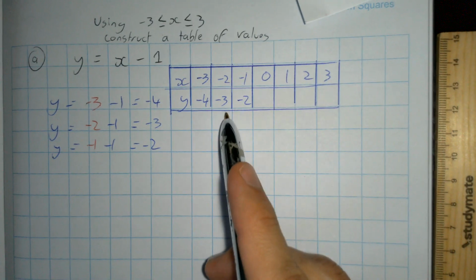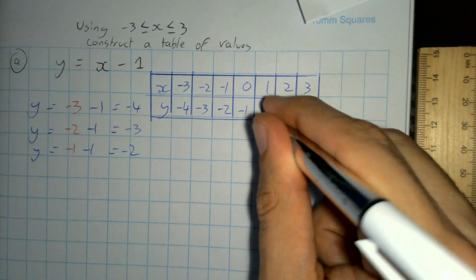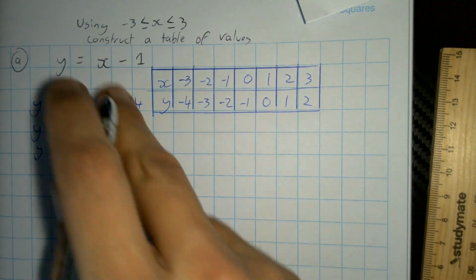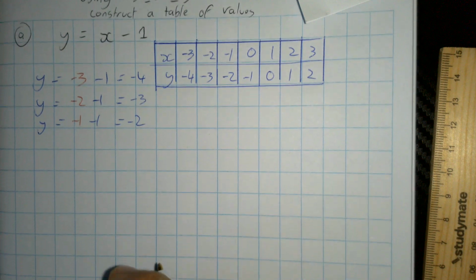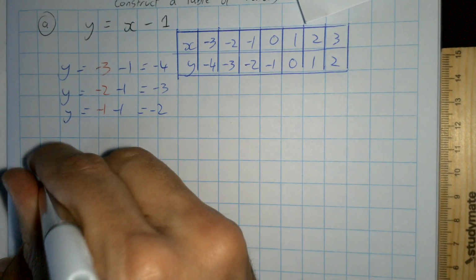It's going up by 1 every time. If you're ever unsure about the pattern, you can just do all the numbers and you can see for yourself. Sometimes it won't always follow a super easy to see pattern. Let's do another one. How about y equals x plus 3?